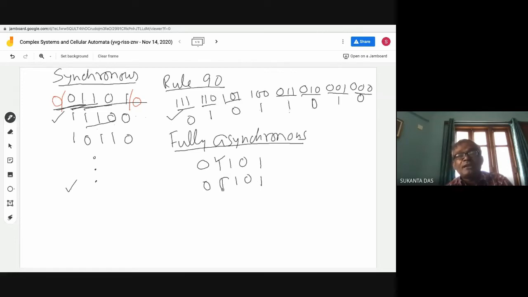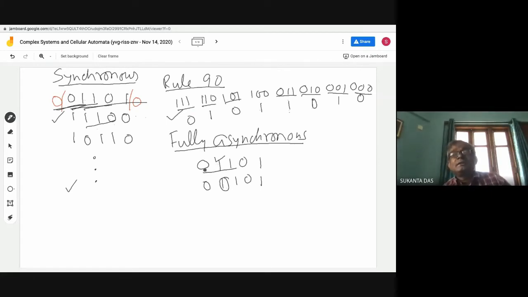Although after updating I get the same one, that's a different issue. That depends on the rule. I may get 0, that's a different issue. But the point is, only this cell is allowed to update its state, and other cells have to remain in their old state, right? Okay, so now you choose any one.